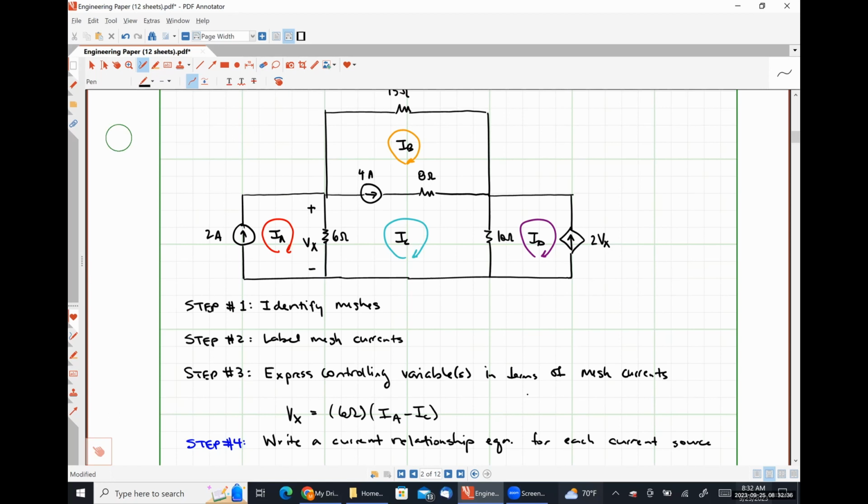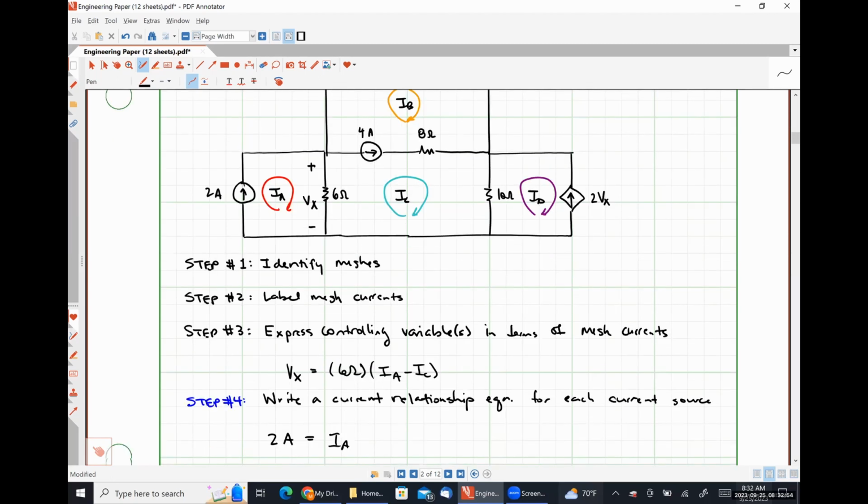So which current is flowing in the same direction as the 4 amp source as it goes around its clockwise path? Okay, which current is going in the opposite direction? So what's the relationship? Absolutely right.